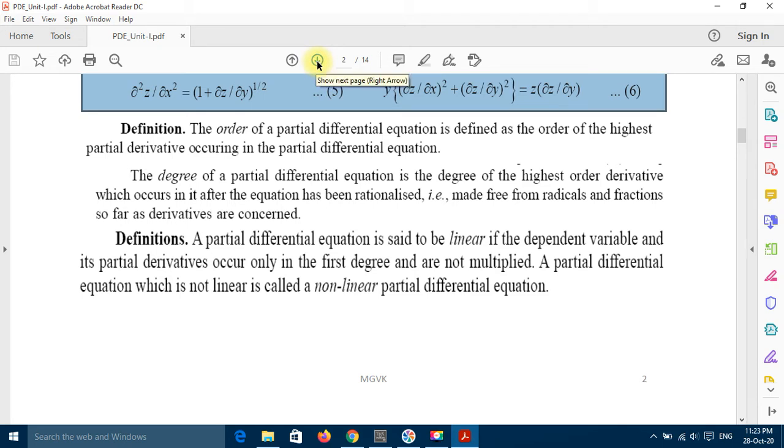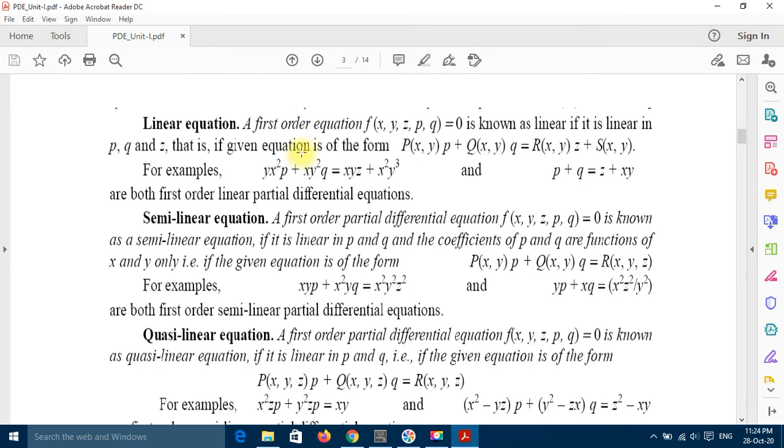If no such condition is satisfied by the differential equation, then the differential equation is said to be non-linear partial differential equation.